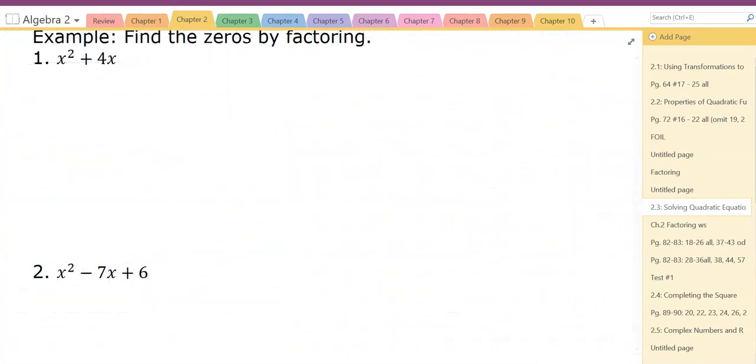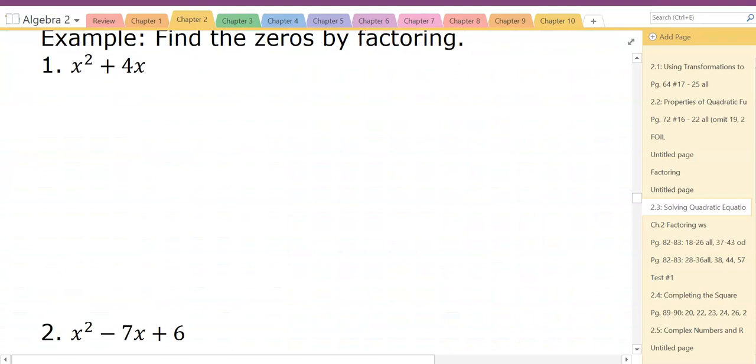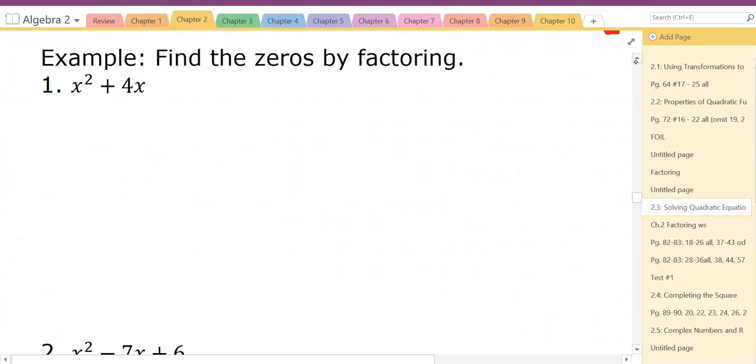So we're still finding the zeros, finding the solutions, but we're going back to factoring. So if you take a look at this first one, x squared plus 4x. What's something that I could take out of both terms? x. What's left if I take out an x? Good, x plus 4. We're going to set it equal to 0 so that we can actually find the zeros here.